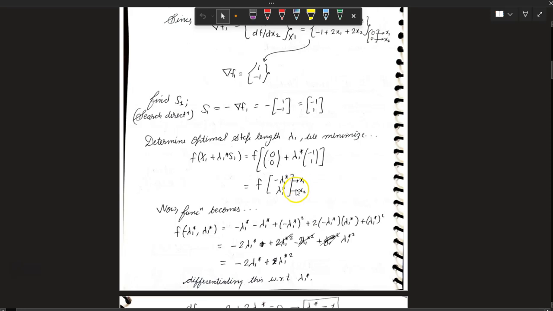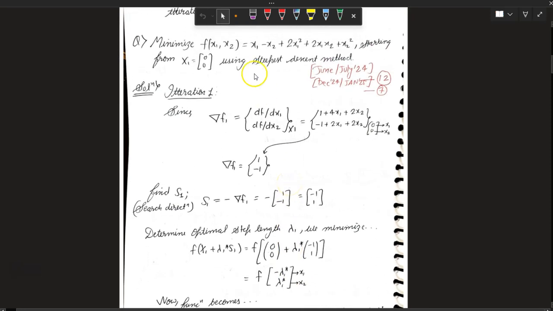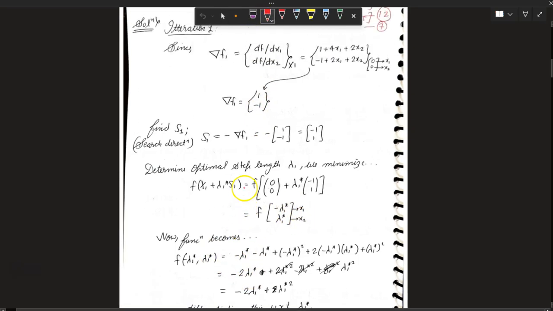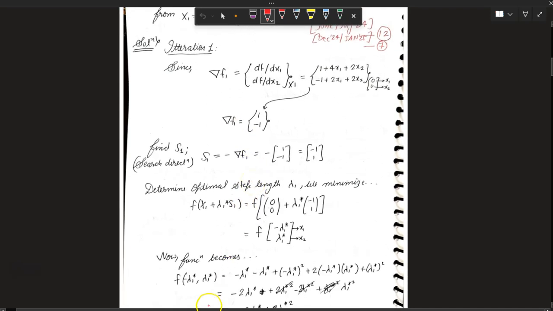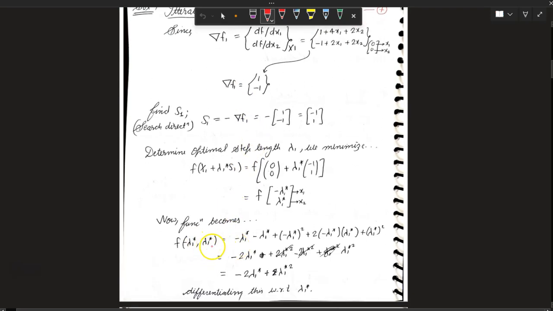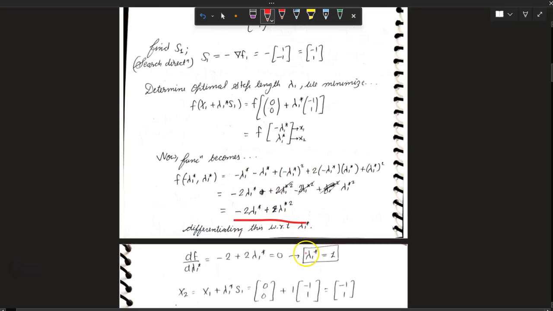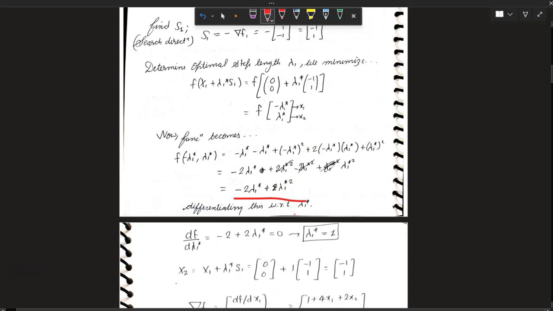And the same you have to put into this function also. Put minus lambda 1 star at the place of x1 and lambda 1 star at the place of x2. Okay, then calculate the function with respect to minus lambda 1 star and lambda 1 star. Then you will get minus 2 lambda 1 star plus lambda 1 star square.